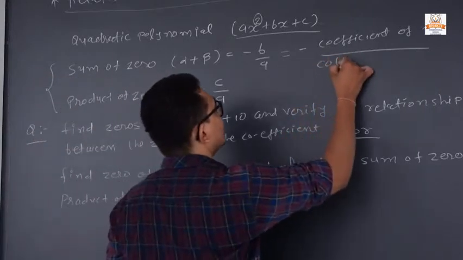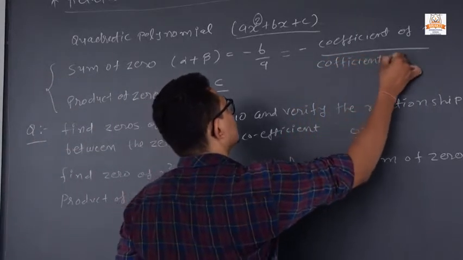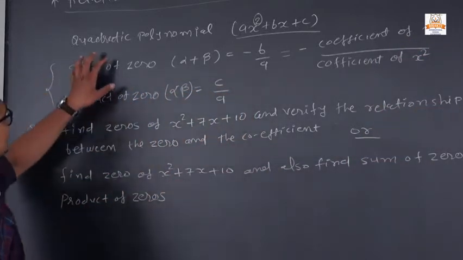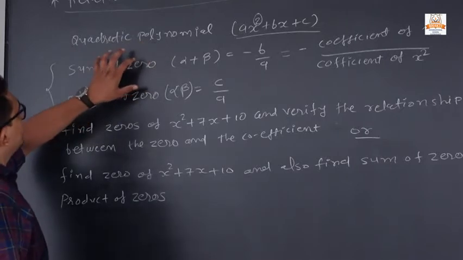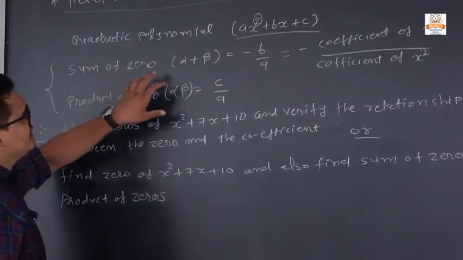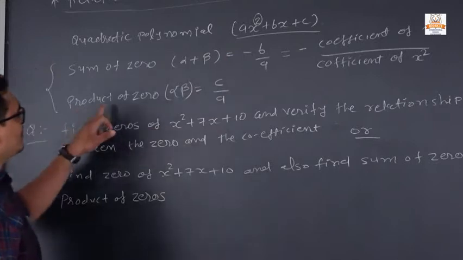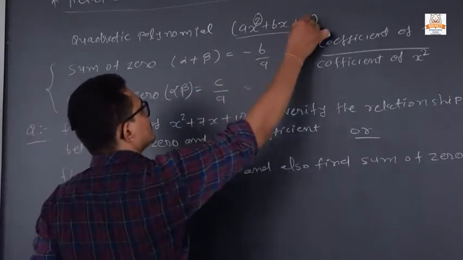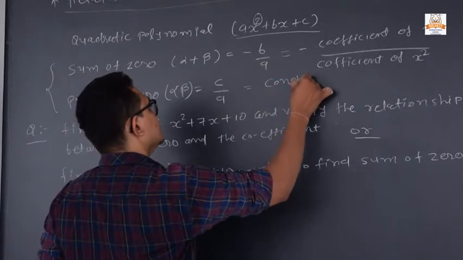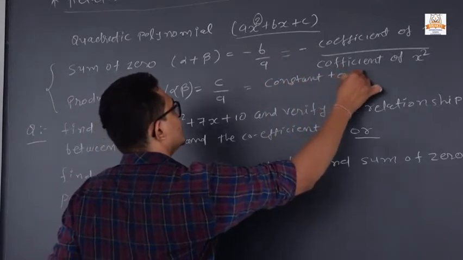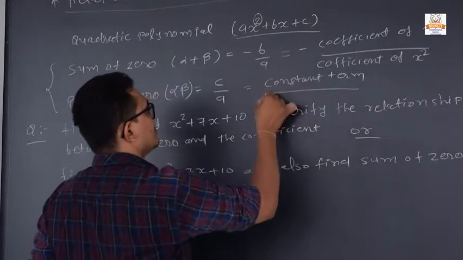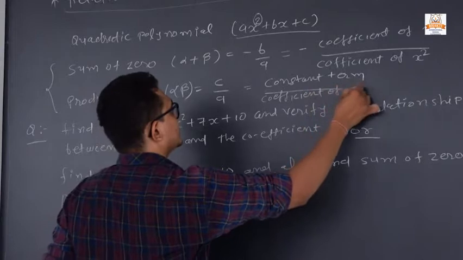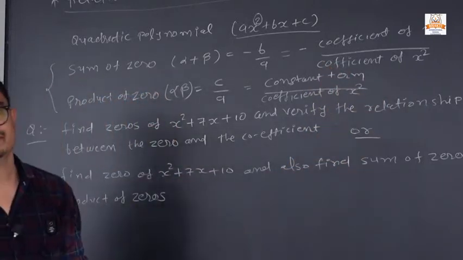So for a quadratic polynomial, the sum of zeros is minus b by a, and the product of zeros is c by a. Here c means the constant term, upon a, the coefficient of x square.